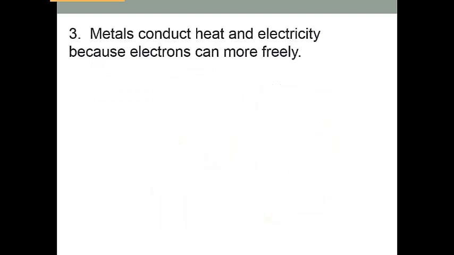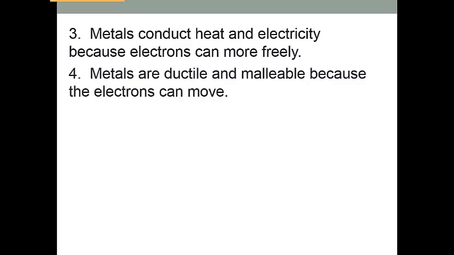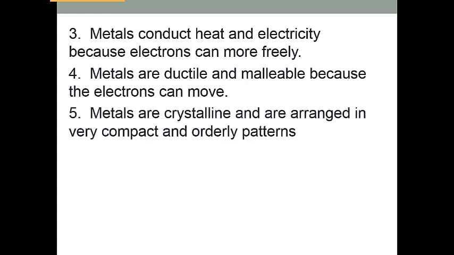So we said that they can conduct heat and electricity. Again, that's because of the free-flowing electrons. They are ductile and malleable. Ductile, they can be drawn into wiring. Malleable, you can hammer them, bend them without them breaking. Again, that's because of the electrons. And metals are crystals, arranged in very compact, orderly patterns.